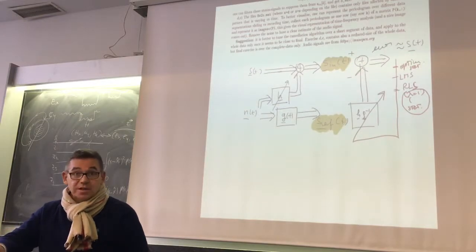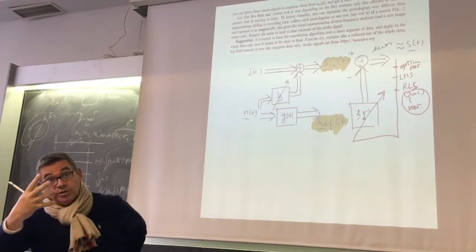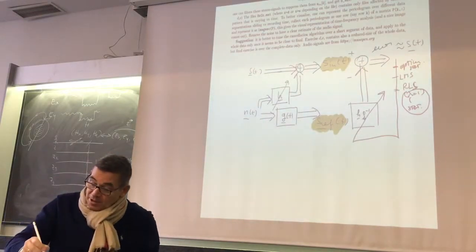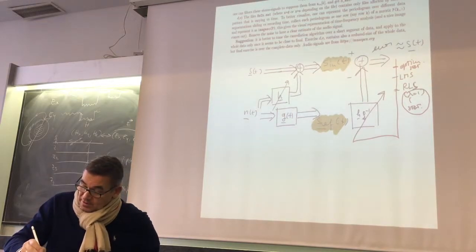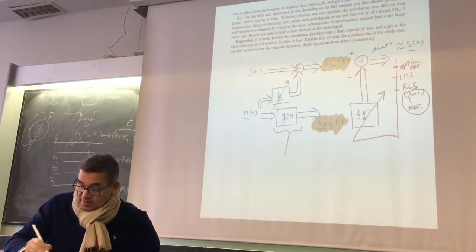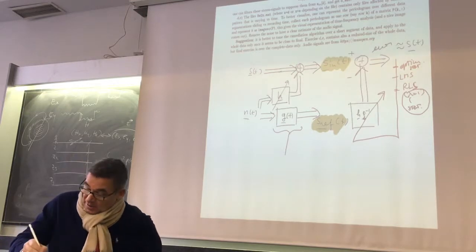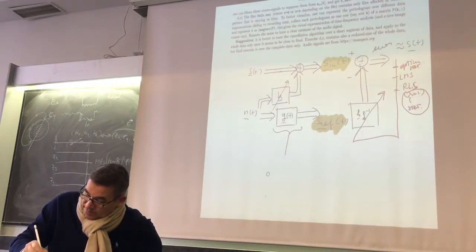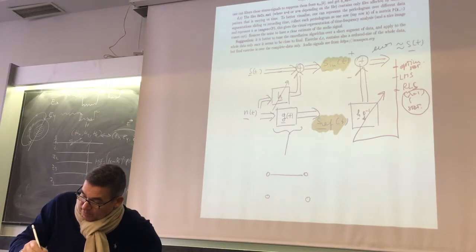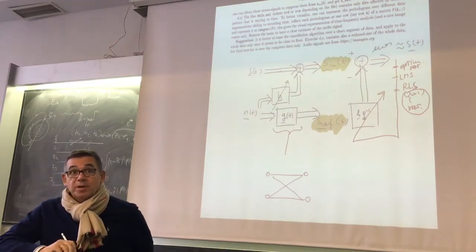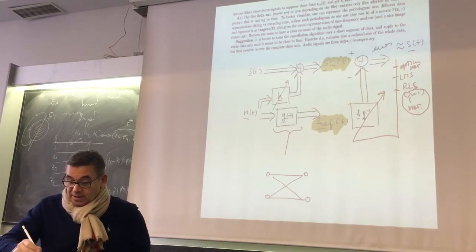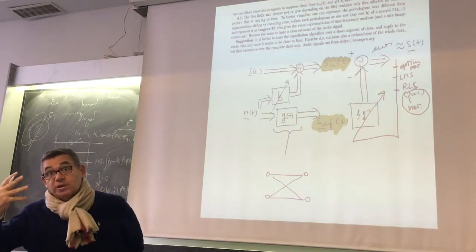Last comment. Remember that the filters are 4. So every time I write this or that, which is H or G, this is left, right, left, right. So you have one filter, one filter, one filter, one filter. Remember that every time I write this G, you have 4 filters.